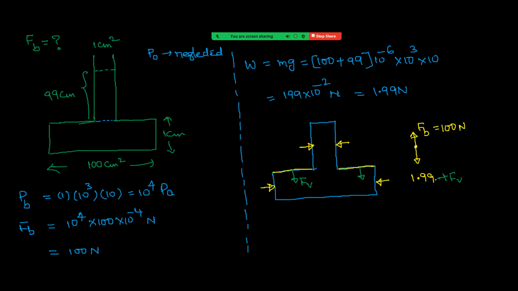Now see carefully the free body diagram. Weight mg downwards. By the vessel along vertical, it is Fv downwards. By the bottom, it is upwards. Net equal to zero because the liquid is in equilibrium. Now from this we can say the force by the vessel along vertical, downwards, is equal to 100 minus 1.99.